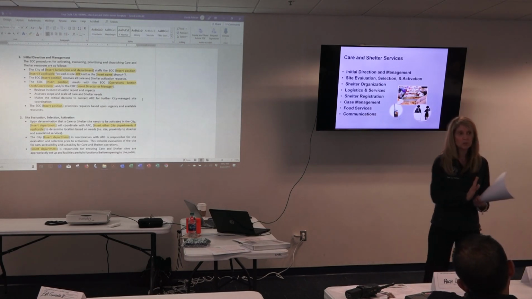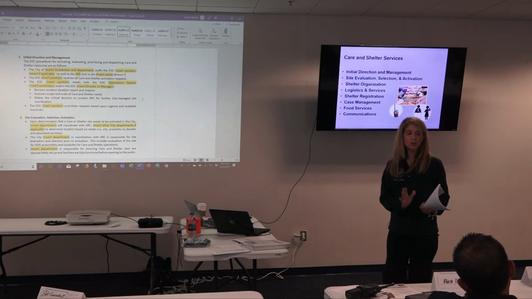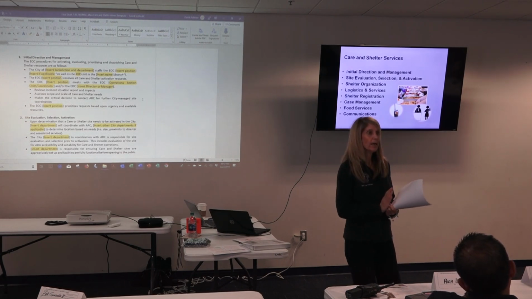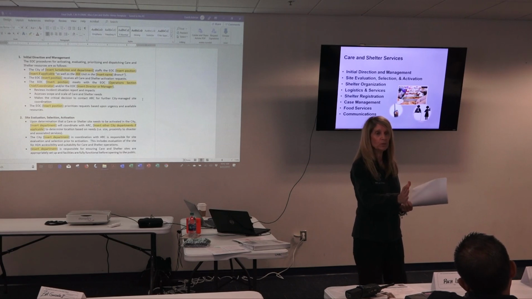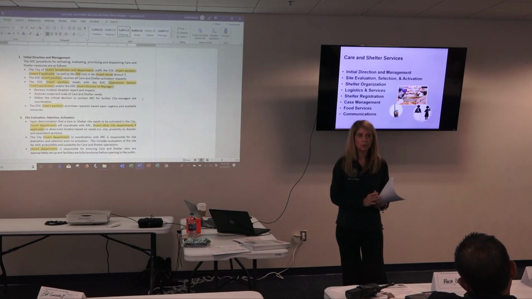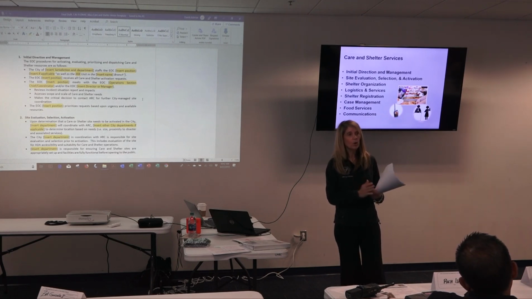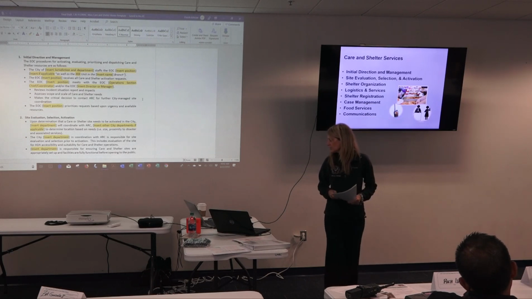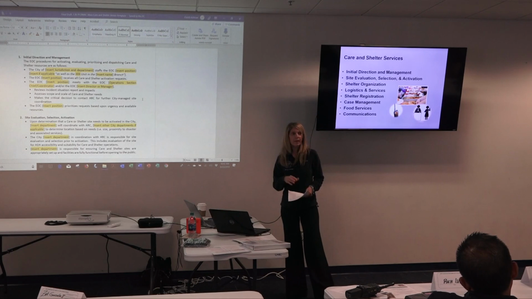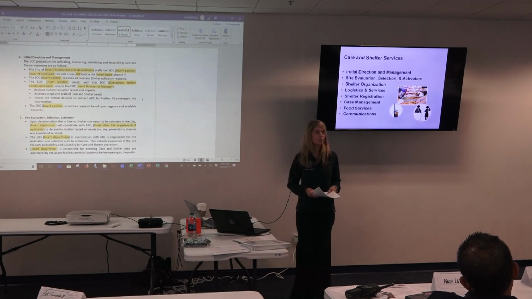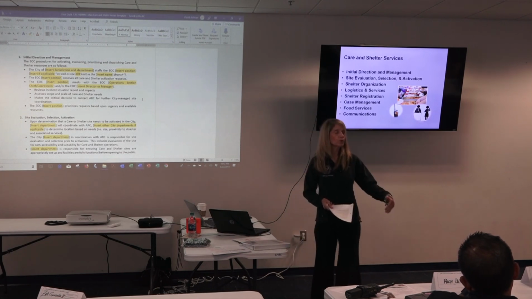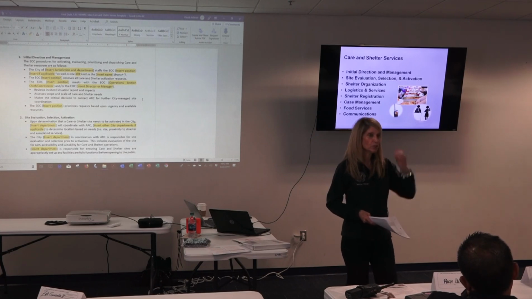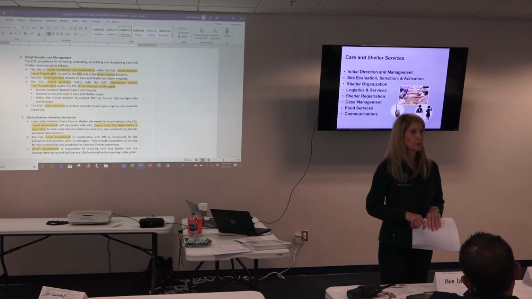But once that decision to activate occurs, what we're going to see now is this transition of operational responsibility to the Emergency Operations Center or to whatever coordination point you have established in your city. The remainder of the concept of operations is where we're going to review considerations that you need to think about when we talk about care and shelter.